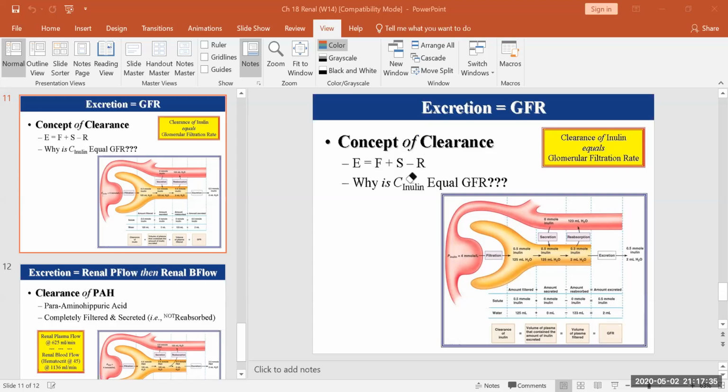Now, this clearing concept relies on how the kidneys produce urine. E here stands for excretion. This is how the kidney gets rid of a solute, a waste, a chemical: excretion, E-X-C-R-E-T-I-O-N.